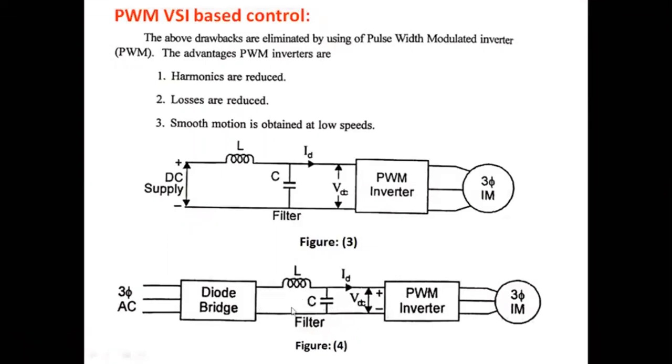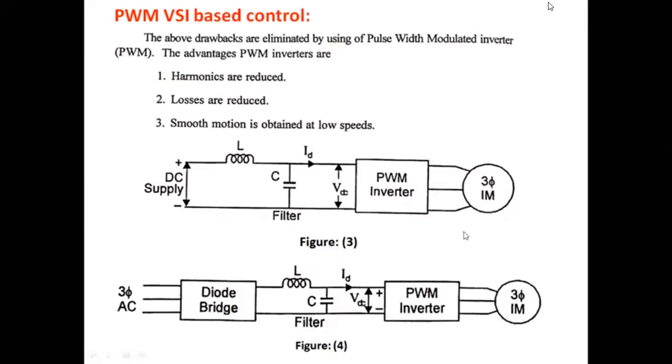After the ripples are removed by the filter, that fixed DC is connected across the PWM inverter, and now the PWM inverter can control the voltage and frequency internally. Voltage control happens by adjusting the width of the pulse. Frequency control can be done by adjusting the total time period of the waveform. Variable voltage and variable frequency AC is available here, so that we can control this induction motor under constant V/F control.